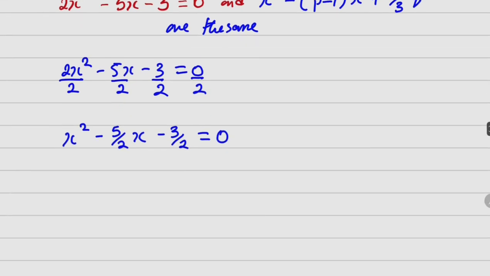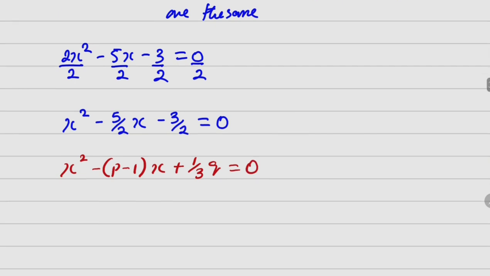Of course, the equation given to us is x squared minus (p minus 1)x, then plus 1 over 3q equals 0. Remember, we said they are the same thing.